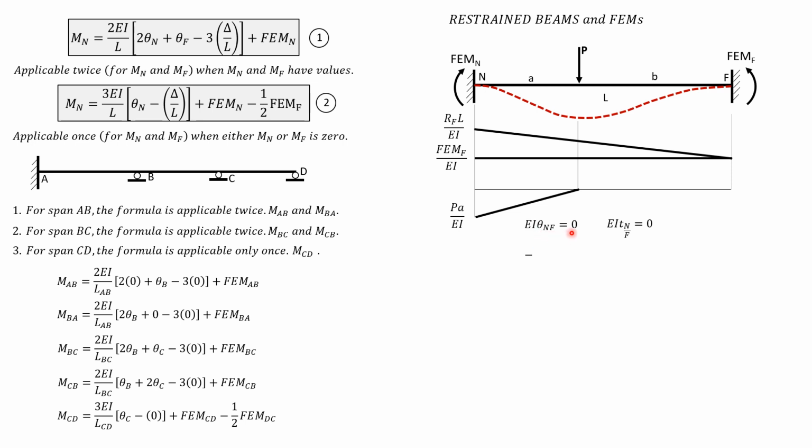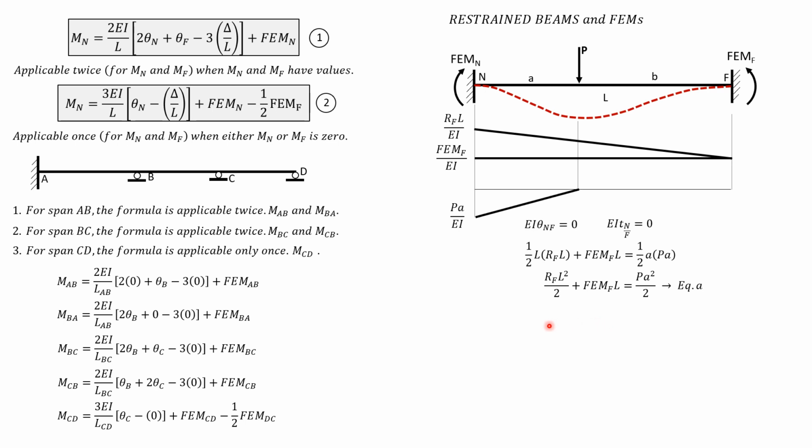By the area moment theorem, this is simply the area between N and F. So 1/2 L times RF L plus fixed moment F times length, the rectangle, equals 1/2 of A times PA. Simplifying, we have RF L squared over 2 plus fixed moment F L equals 1/2 PA squared over 2. Call that equation A.